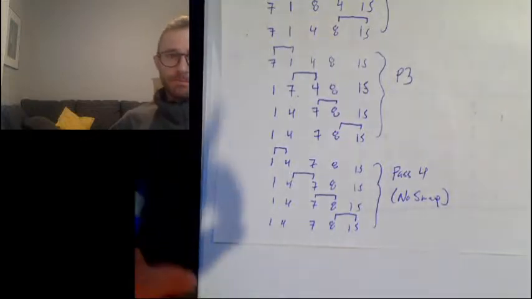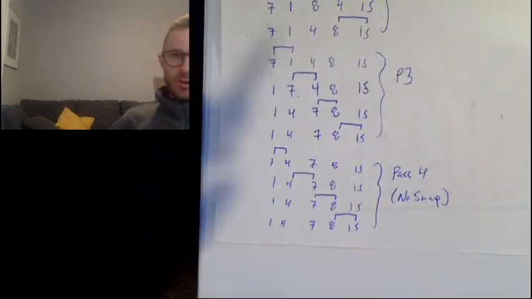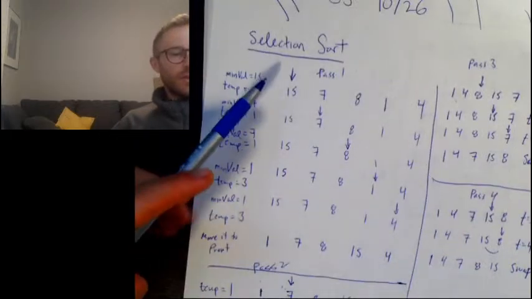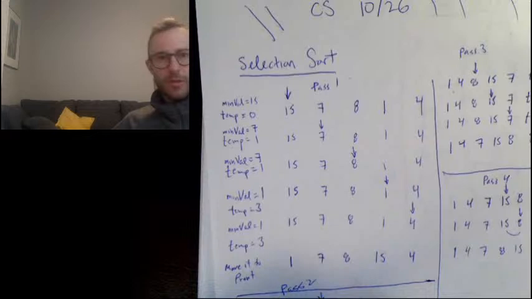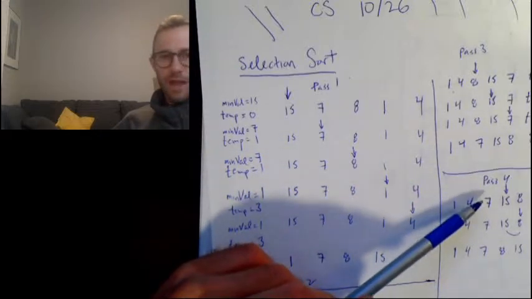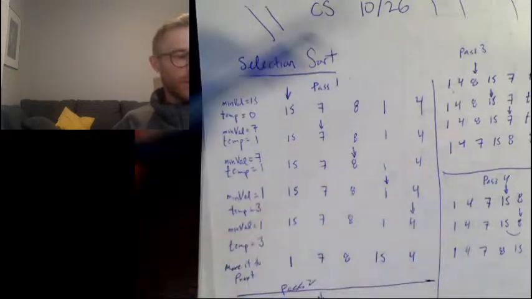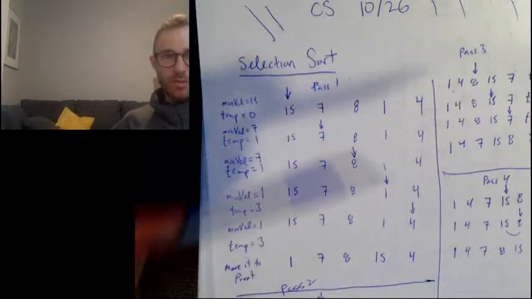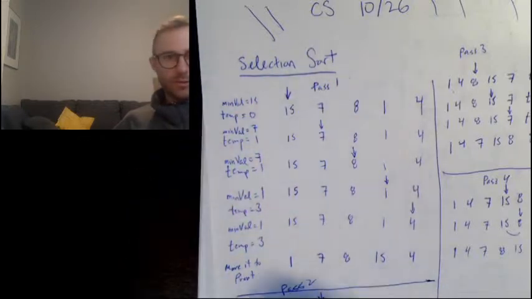It's sorted. Okay, so notice how if we did the selection sort, the selection sort has to go all the way through n-1 times every single time, even if the array is already sorted. So it has to do a bunch of passes. So selection sort, really slow.